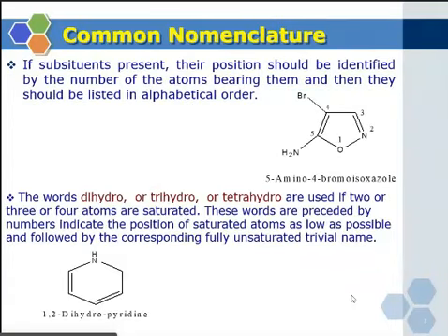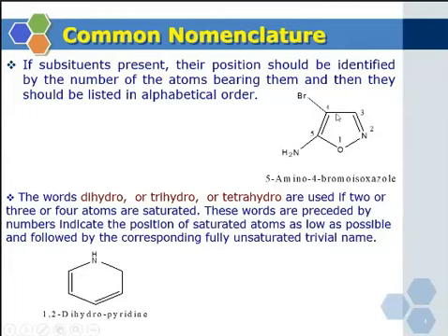If substituents are attached to the heterocyclic ring, then their position should be identified by the number of the atom bearing them, and then they should be listed in alphabetical order. So, while doing the nomenclature of a heterocyclic compound, first, based on the priority of the ring heteroatom, we have to do the numbering of the ring.